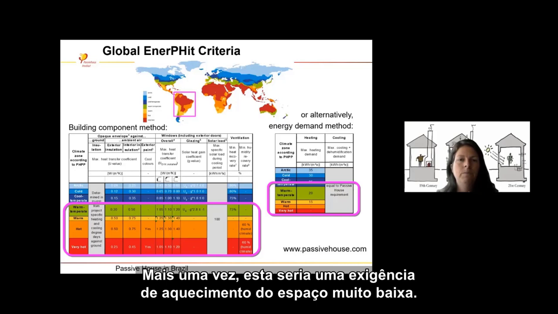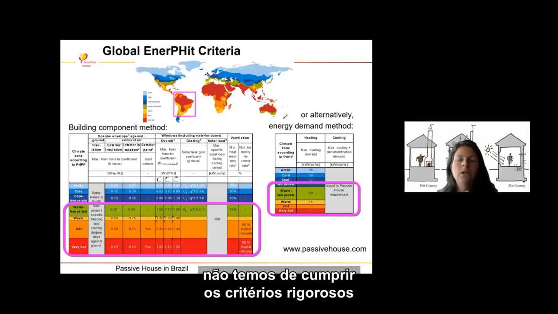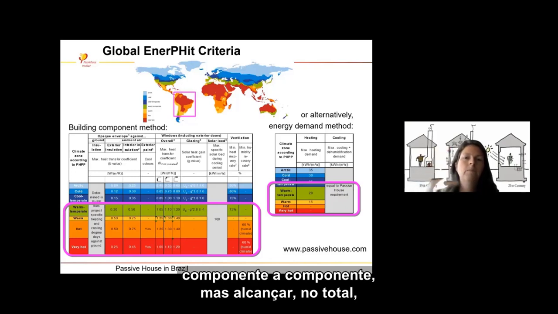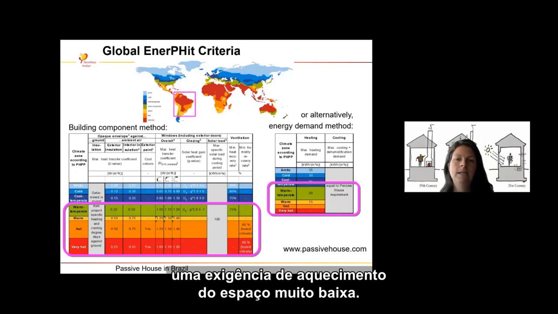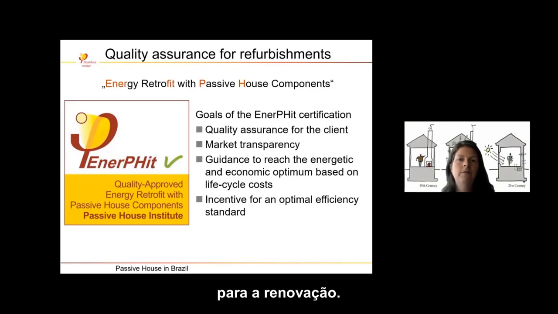So again, this would be a very low space heating demand, and this is the so-called energy demand method. So we don't have to fulfill the strict criteria component by component, but achieve in total a very low space heating demand.